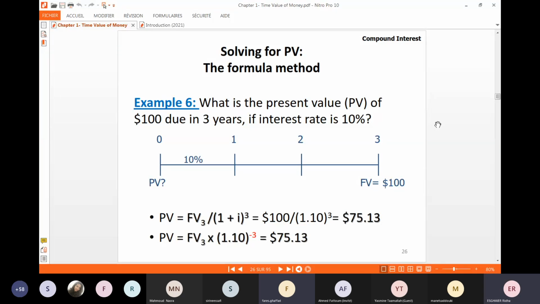Yes, that gives us an idea about the determinant of the interest rate. And we will not focus on the components now. We will try to learn the mathematics of how to compute the future value and the present value. We will have a whole chapter concerning the components of the interest rate. This is the risk-free rate. This is the inflation premium. This is the rating of the company.